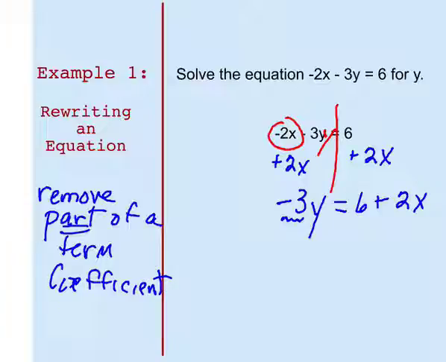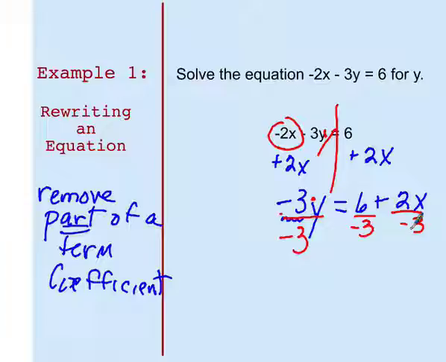Write that down. It will come in handy. I'm going to divide because this is times. Do not add 3y. Since I divided this term by negative 3, I'm going to do the same thing to each of the terms on the other side.